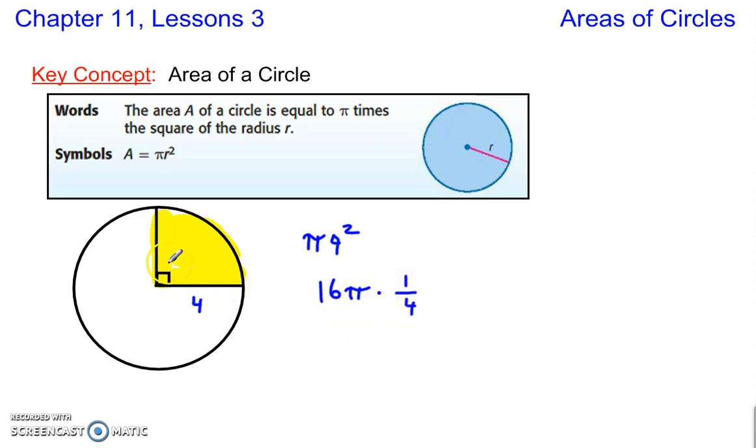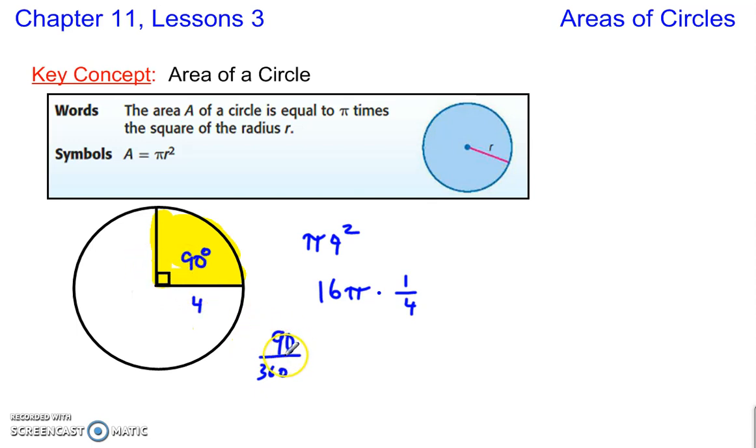Well, if I didn't know that this is a fourth, if I was just given this is 90 degrees, how do I find the fourth? Well, a fourth with 90 degrees, that's 90 out of the 360. So that's my fraction of the circle.